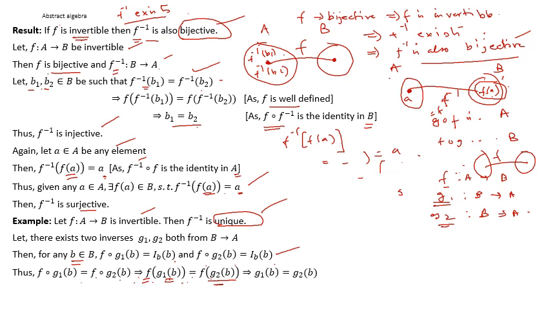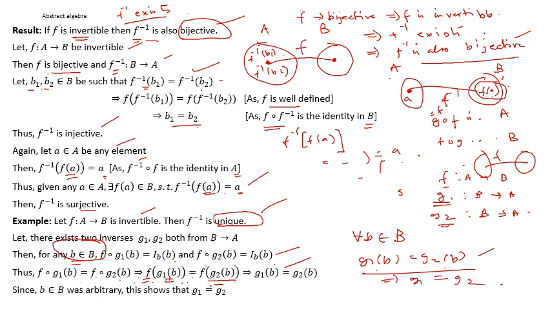If f x equal to f y implies x equal to y, so this means g1 b equal to g2 b. Now b was any element of B, so for all b belonging to B we get g1 b equal to g2 b, and that implies g1 equal to g2. So we assumed that two inverses of f exist, g1 and g2, but we saw that they are the same. So f inverse is unique.